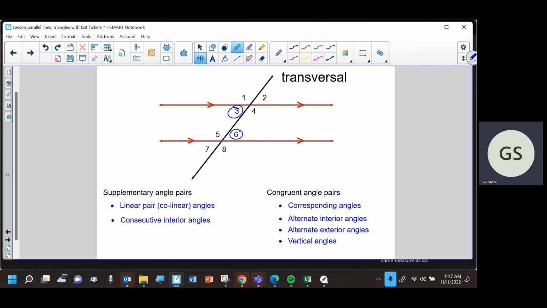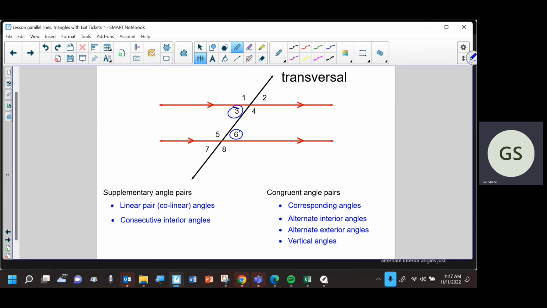So alternate interior means opposite sides of the transversal inside the lines. And the third thing is that they have to have the same measure also. And 5 does not have the same measure as 6. So it's got to be 3. So 3 and 6 are alternate interior angles.